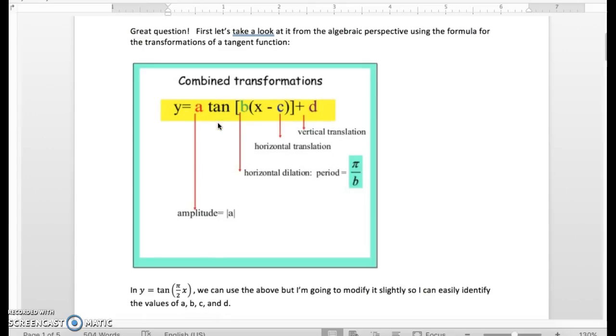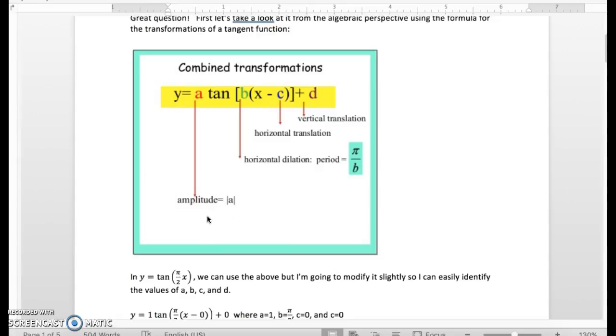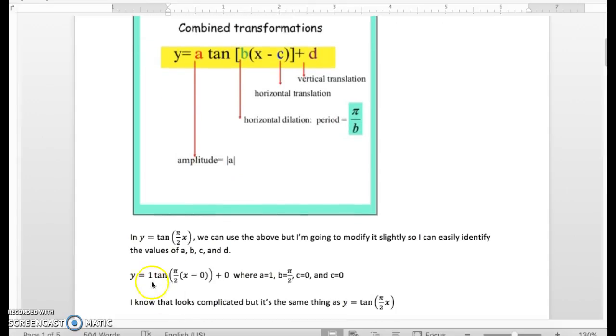So here it is. What we're going to do is take the function y equals tangent of pi over 2x and use it in this format and modify it slightly so that we can easily identify the values of a, b, c, and d, which will tell us the translations, the period, and the amplitude. So I just took pi over 2x and converted it here.